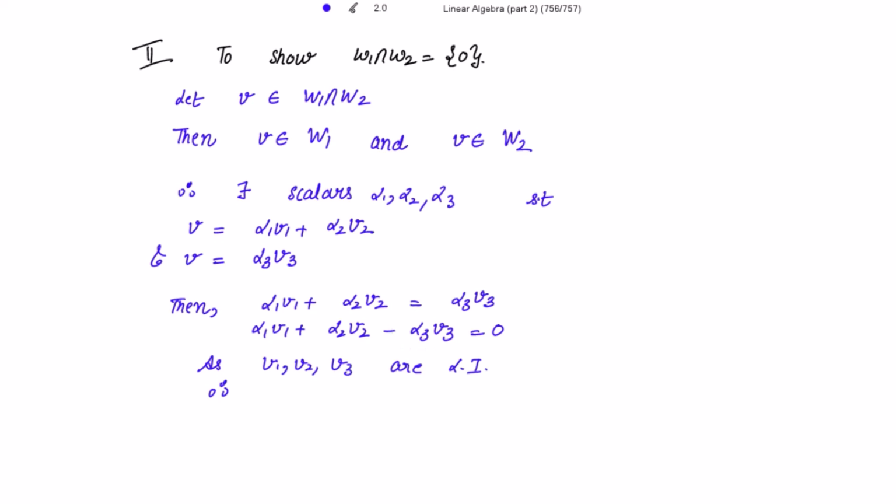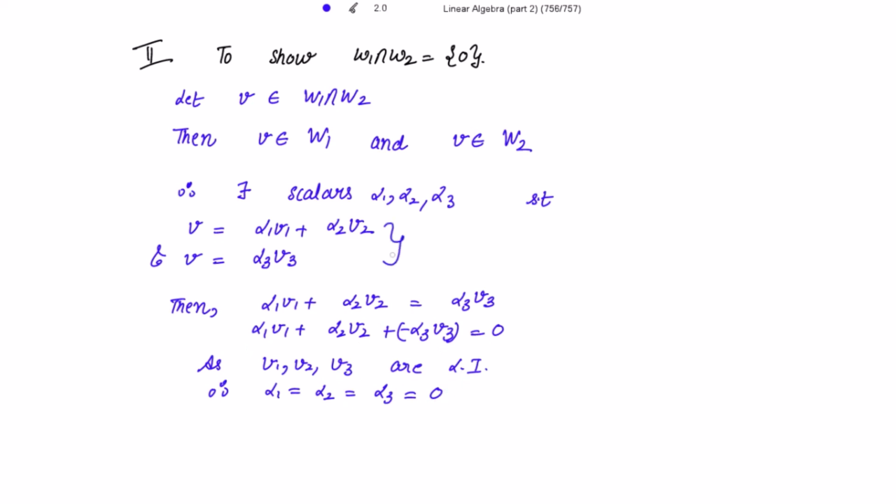You can also write this as plus negative of alpha 3 V3. So alpha 1 is equal to alpha 2 is equal to alpha 3 is equal to 0 because these are linearly independent. So all the scalars are equal to 0.